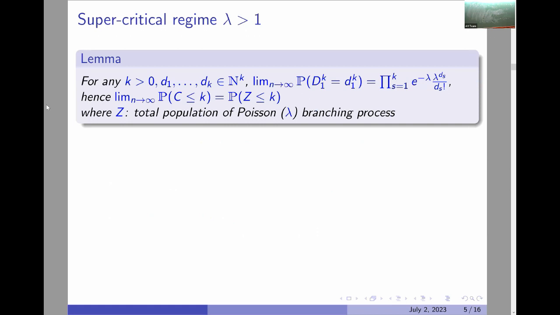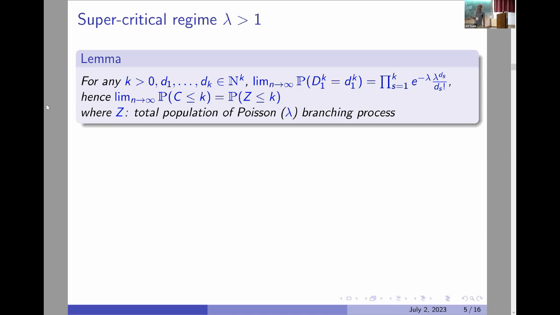So how does one show the existence of this giant component when you are above the critical threshold of lambda equal to 1? First off, that's what you were just alluding to. We know that a binomial distribution with parameters n and lambda over n, for lambda fixed, as n goes to infinity, converges weakly to a Poisson distribution with parameter lambda.